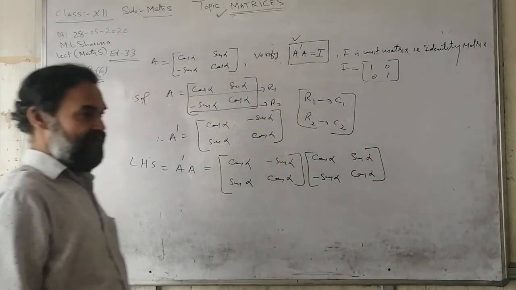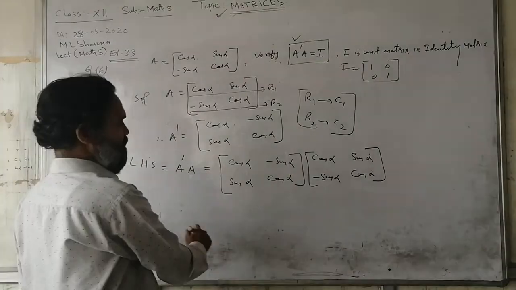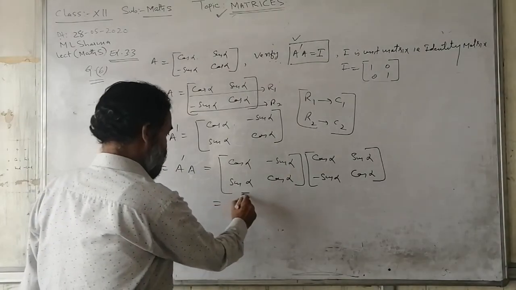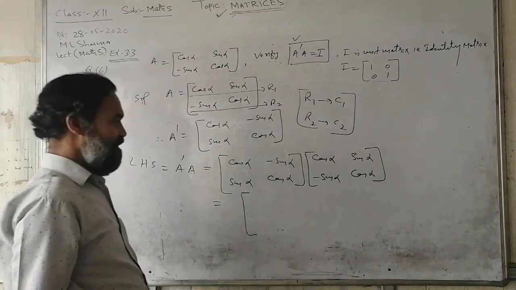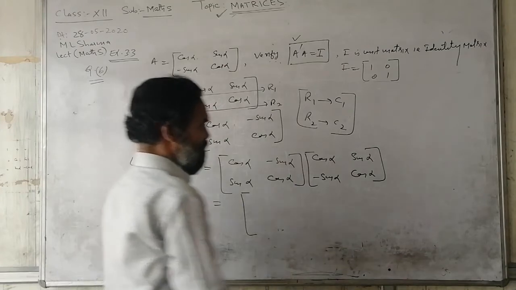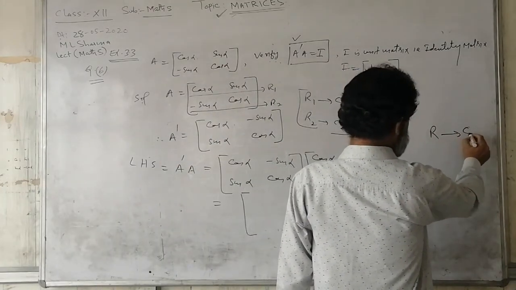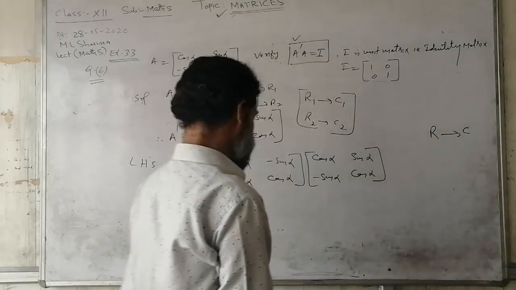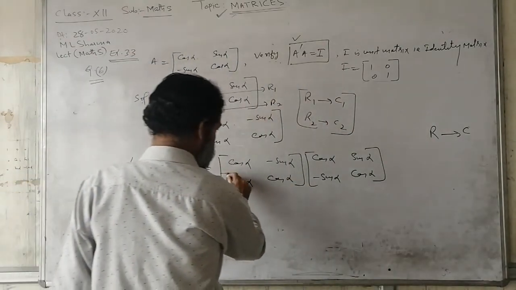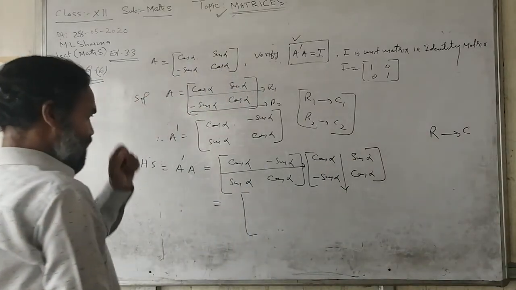So I have to find the product of A transpose and A. This is the multiplication of 2 by 2 matrices, and in multiplication of the elements we take row into column. So this row and this column are to be multiplied.